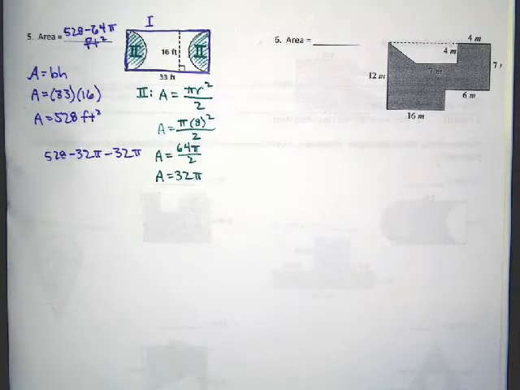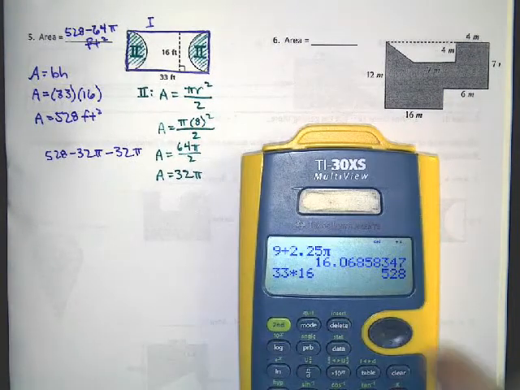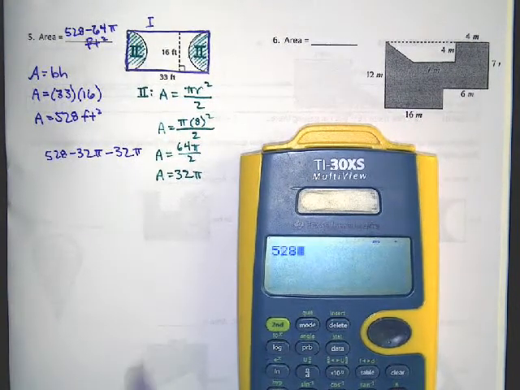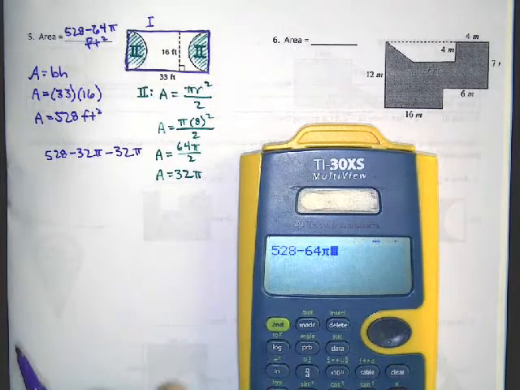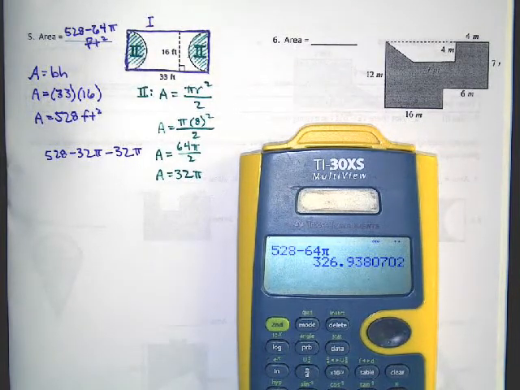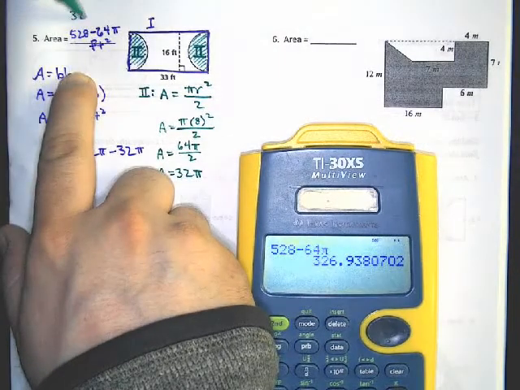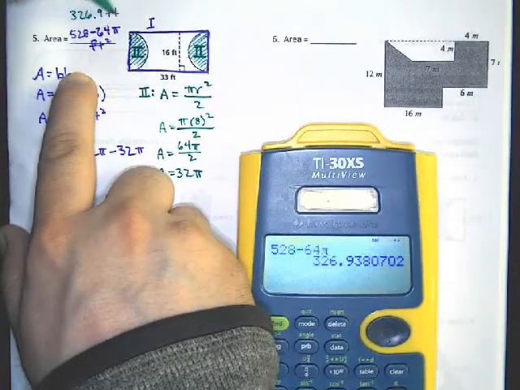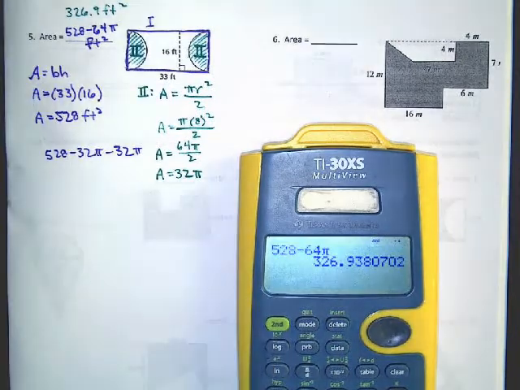Okay, if you want, you can go ahead and get the decimal approximation, 528 minus 64 pi. Perfectly acceptable answer, 326.9, also feet squared. Okay? Awesome.